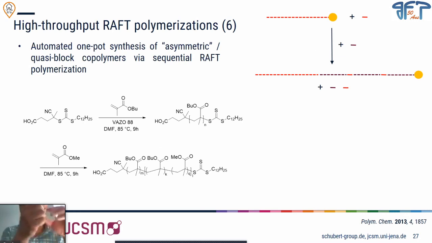Then you purify this polymer somehow. You have to precipitate it or dialyze it to remove the excess of the unreacted monomer. And then once it's dry, you redissolve it in a suitable solvent, add the second monomer, and bring your second block.